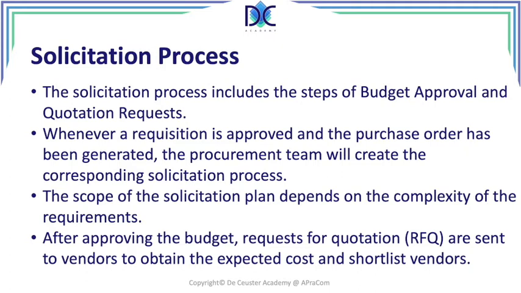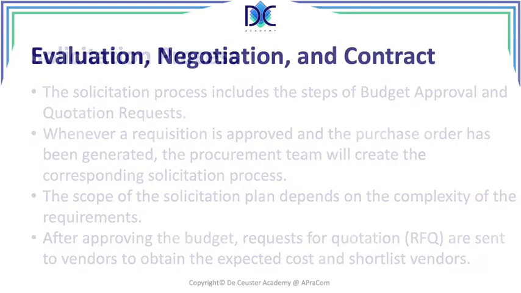The RFQ gives us an idea about the cost, what will the request cost. And it also provides us a list of vendors that we can use later. We can make a selection here, and with the selected vendors, we will continue the process. We will go to the next steps of the purchasing process.